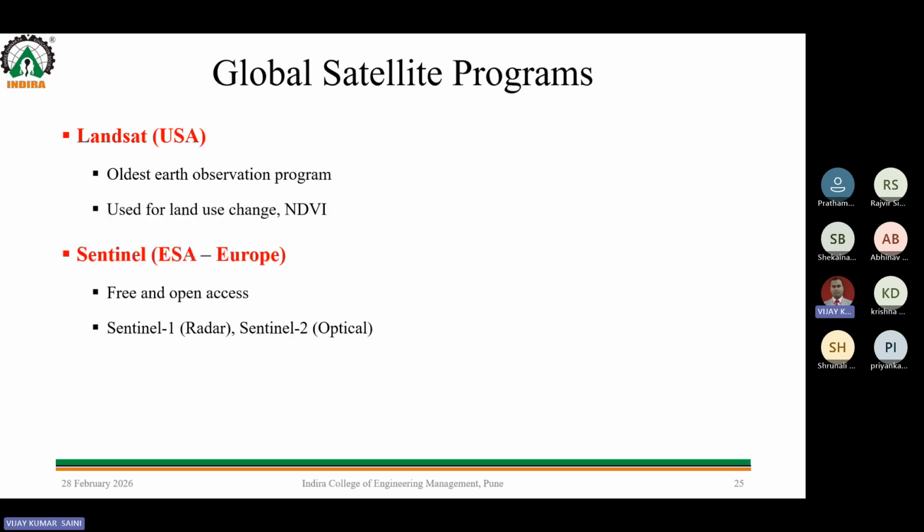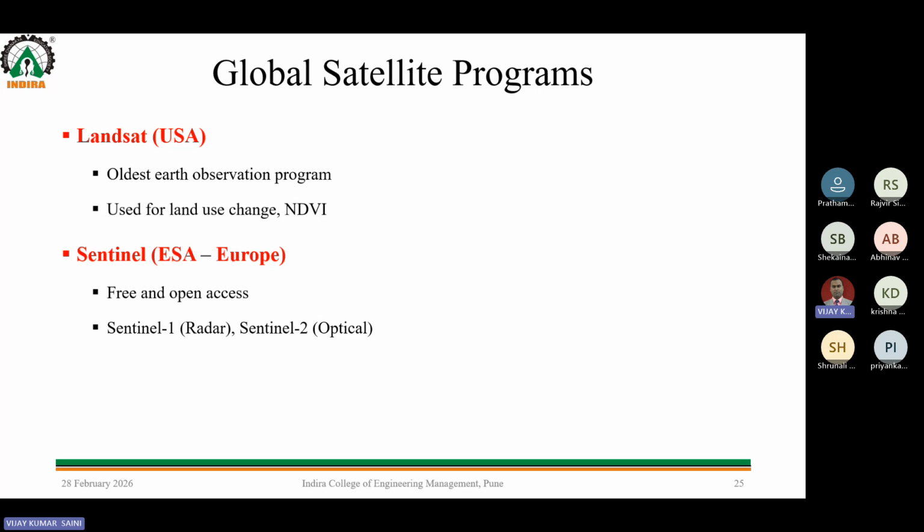Then we have the global satellites that are used. We have Landsat for the USA, which has its own program used for land use and navigation. They have Sentinel for Europe, which has free and open access, and you can use Sentinel 1 and 2 for radar and optical. Similarly, China and Russia have their own different programs.